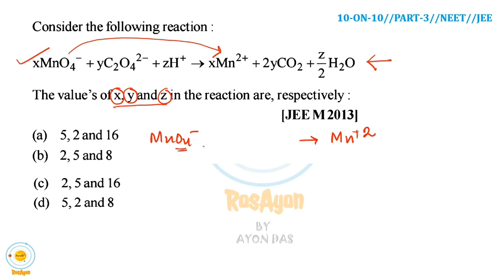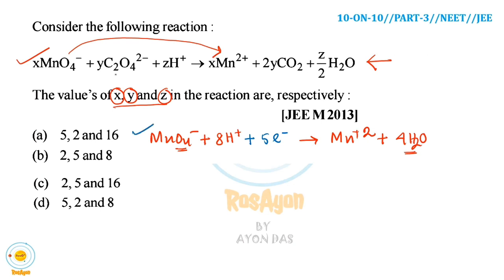To balance the oxygen, you must add 4H2O here. To balance the hydrogen, you must add 8H+. To balance the charge, you should add 5 electrons here. Now this equation is balanced.